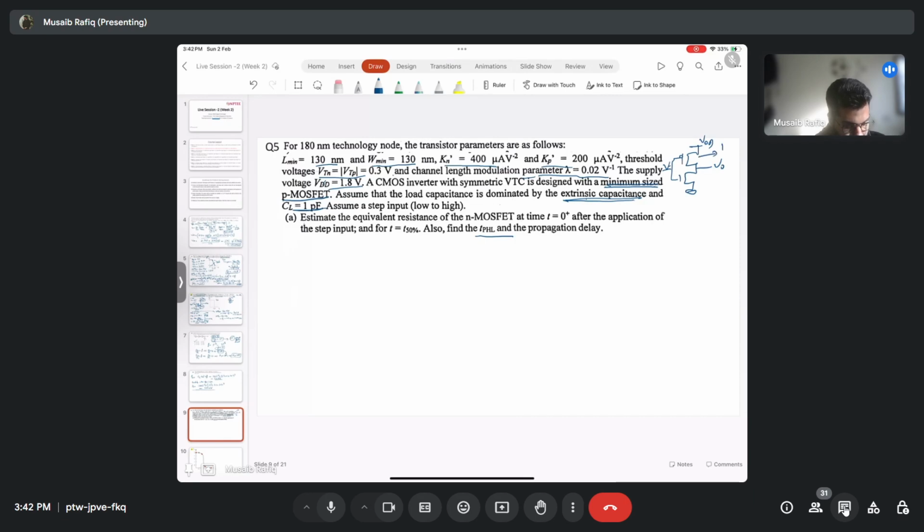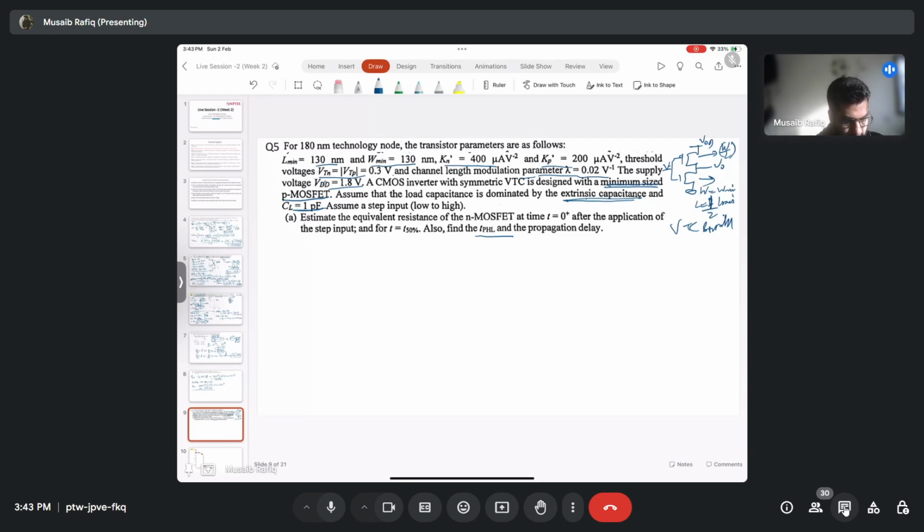This is minimum size, so W by L is minimum sized, and this will have W equal to W min and L equal to half of L min, because the VTC is symmetric, that's why. And the question is given as PMOS to be minimum sized.